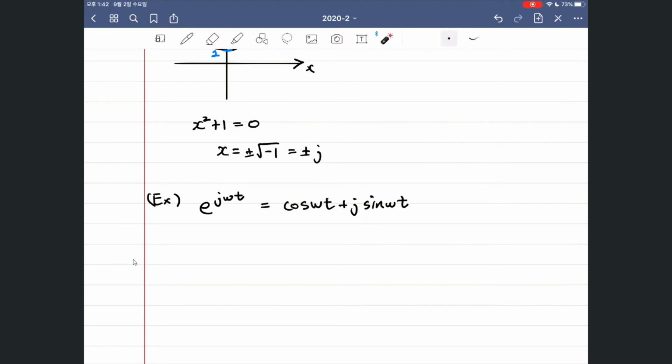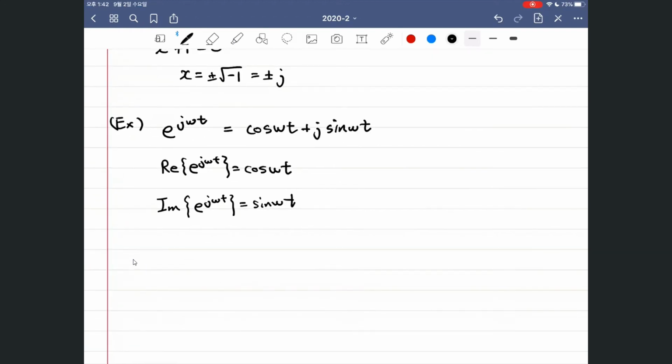With this information, we can verify the real part of e to the j omega t as cosine omega t, and the imaginary part of e to the j omega t as sine omega t. This kind of sinusoidal motion, we can say, is a projection of circular motion onto a straight line.